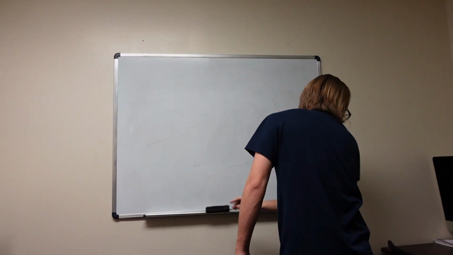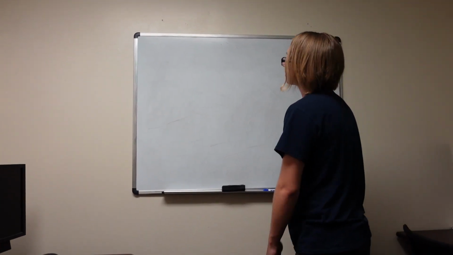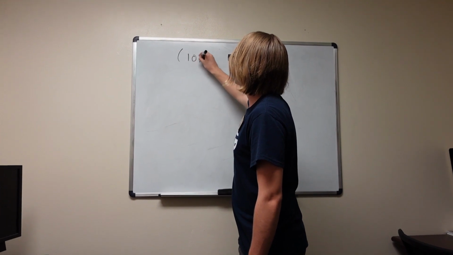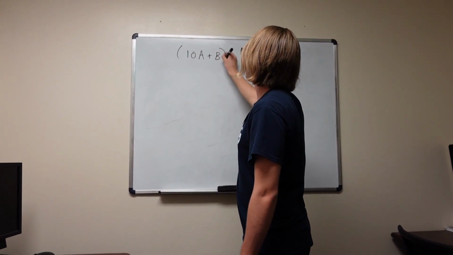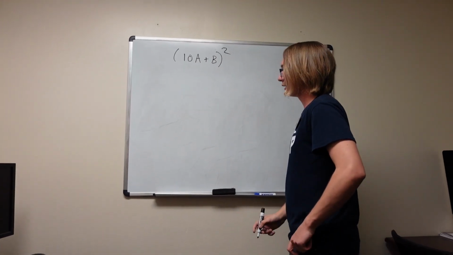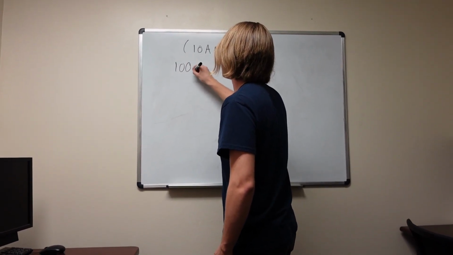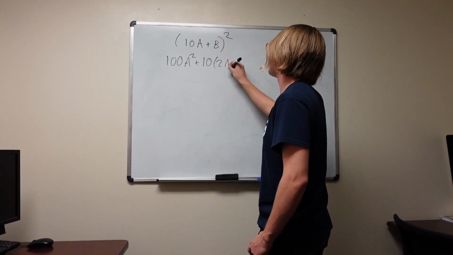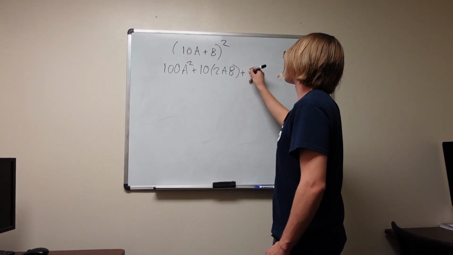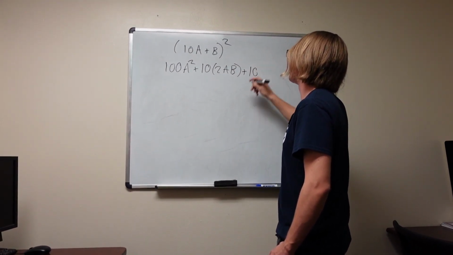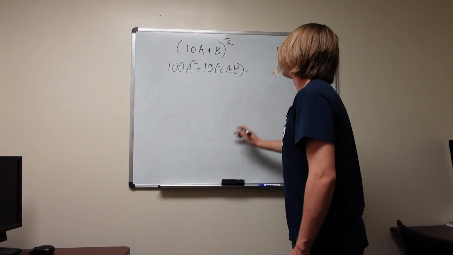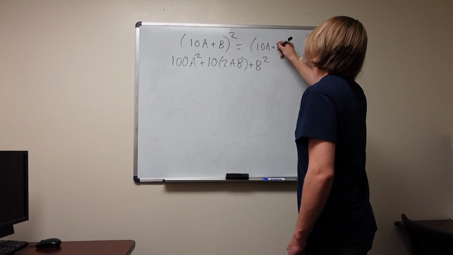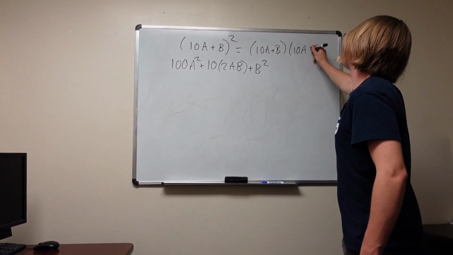Next one I have is the 2-digit square trick. So if we have 10 times a plus b and we square it, if we write it all out, we get 100 a squared plus 10 times 2ab plus b squared, because this is the same thing as 10a plus b times 10a plus b.